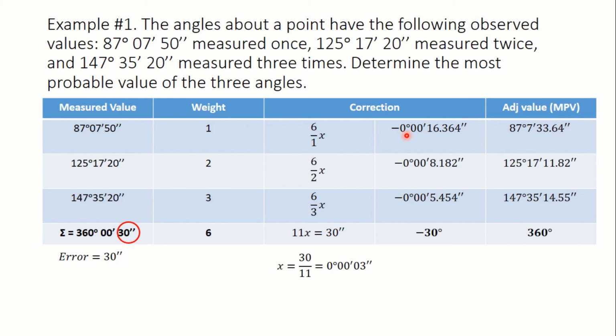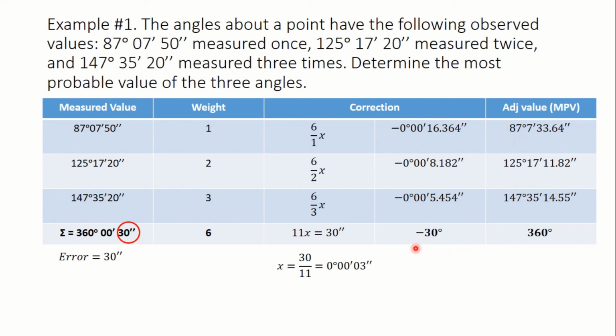Ibig sabihin, sinubtract na natin tong correction. Pag i-add natin yan, eksaktong 360. Ibig sabihin, na-adjust na natin yung mga angles. Ito yung most probable values. So, that is about corrections.